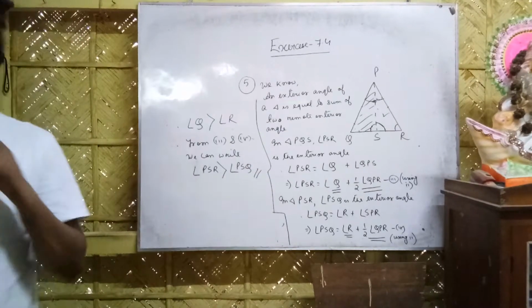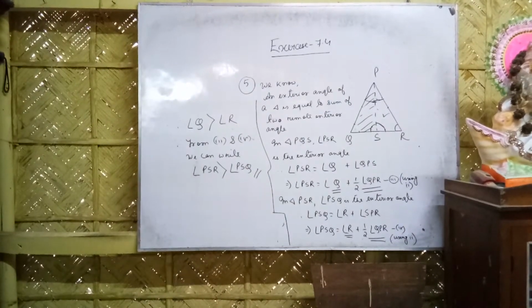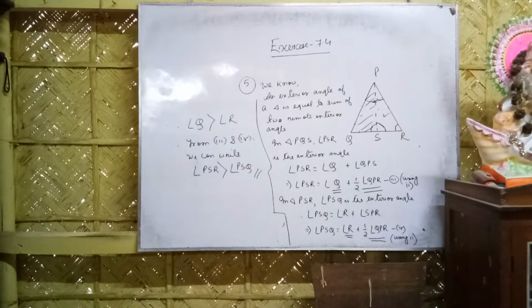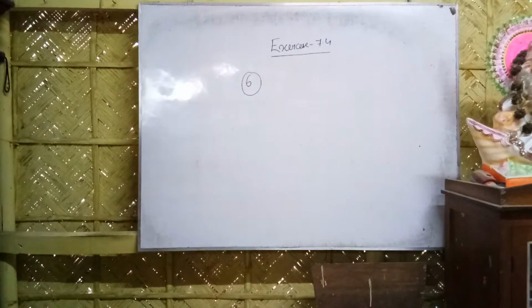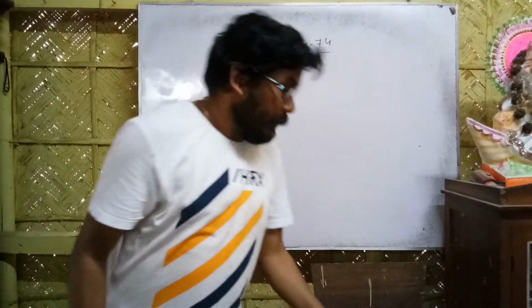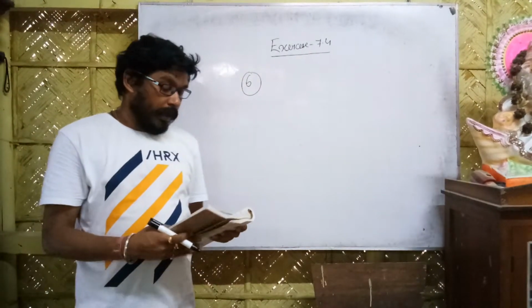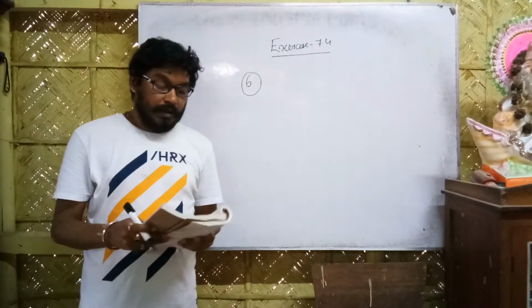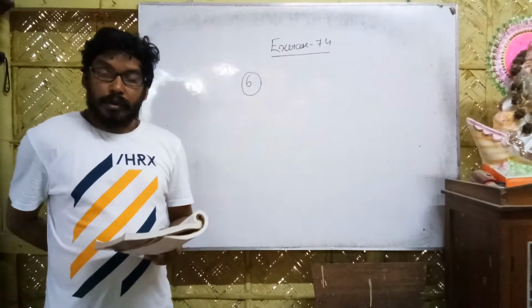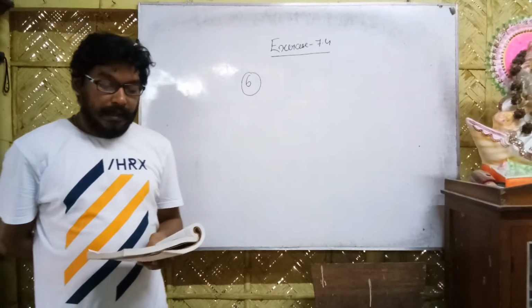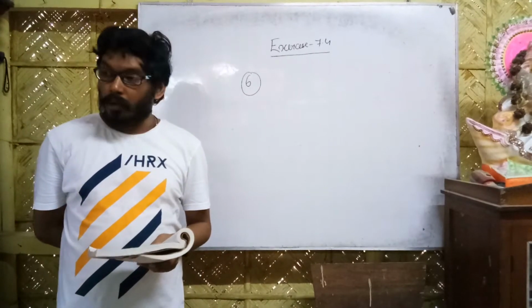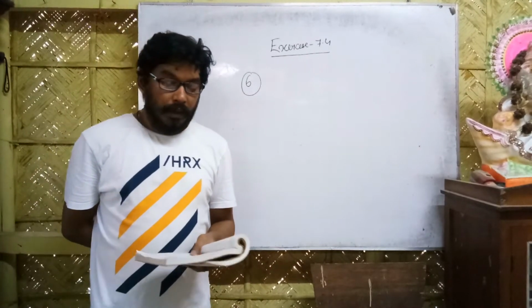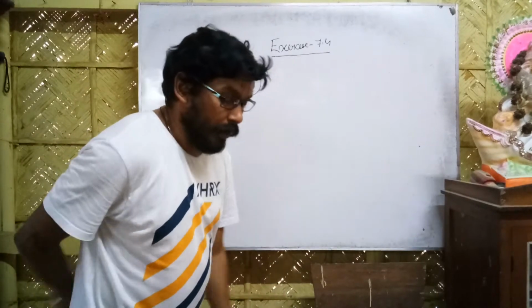Copy it. Exercise 7.4, last sum, question number 6. What did they say? Show that of all the line segments drawn from a given point not on it, the perpendicular line segment is the shortest.